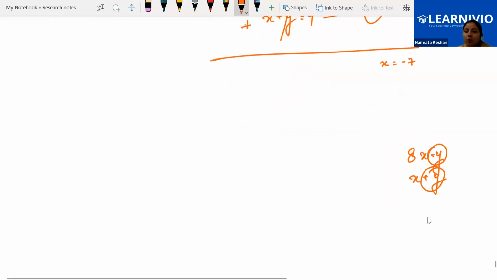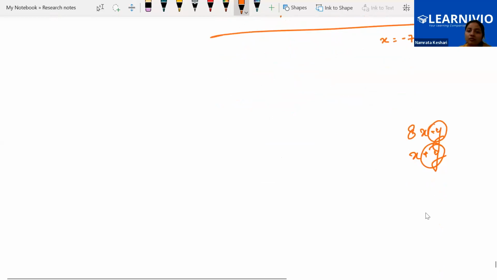When it is already getting cancelled out, then why would we take the subtraction sign? Because the subtraction sign will always dominate. It will always reverse all the other signs. So when it is already making 0, remember what the elimination method means: we have to eliminate.